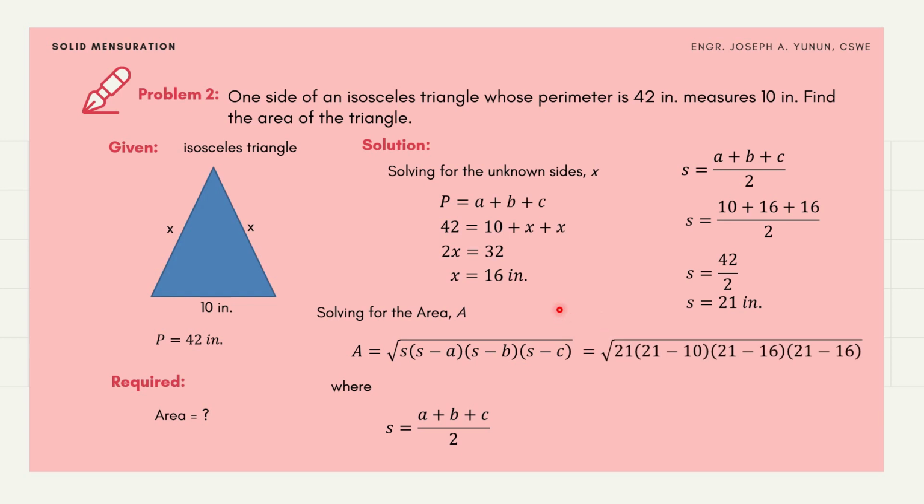Substituting them and simplifying, you have an answer of 75.99 square inches. Make sure you provide the unit, as it determines the correct unit for the given unknown. So the final answer for this one is 75.99 square inches, or that can be rounded off to 80 square inches.